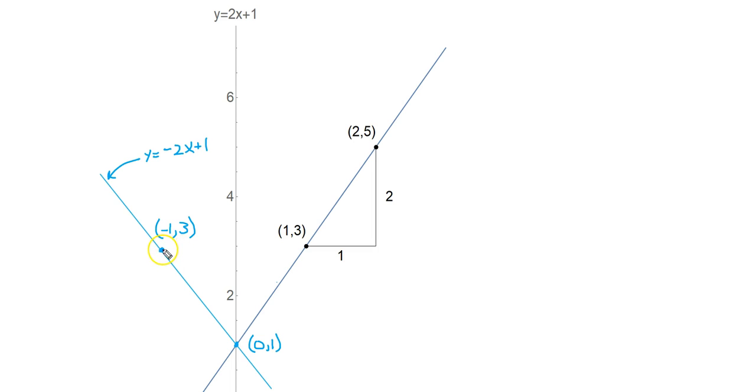And notice if we're sitting at the point negative 1, 3, if we move over 1 unit in the x direction, then we have to move down 2 units in the y direction to get back on the line again. So this would be negative 2 here. And so our slope is rise over run, negative 2 divided by 1, or negative 2. And so that's how we interpret a negative slope.